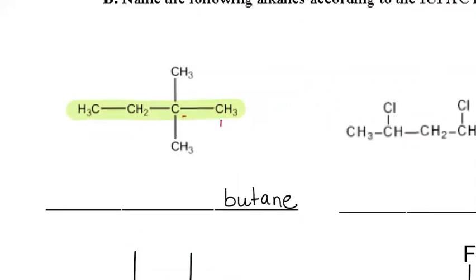Numbering, I'm going to do 1, 2, 3, 4, because I have to start numbering from the end that is nearest a substituent. My substituents that are the same are methyl groups. I have 2 of them. So I'm going to put the word di, and then I'm going to give the location, 2, 2. Okay, so that is 2, 2 dimethylbutane.